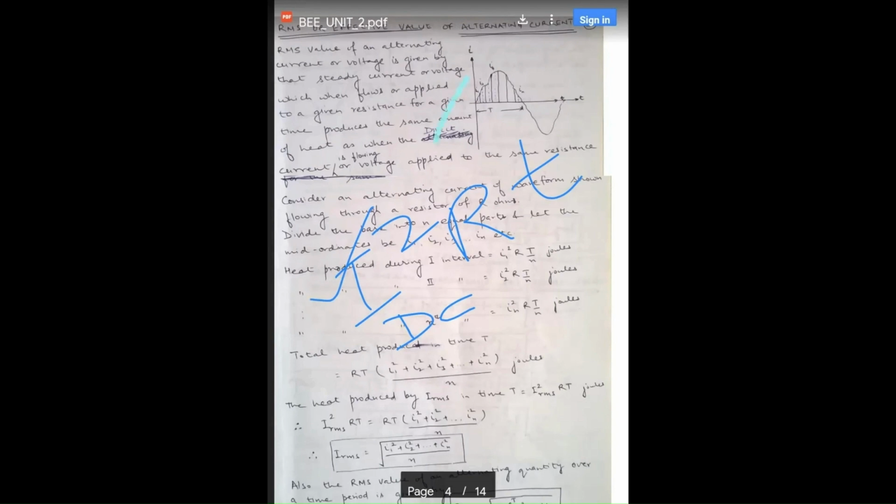Now let's formulate it. This is the waveform of the current.